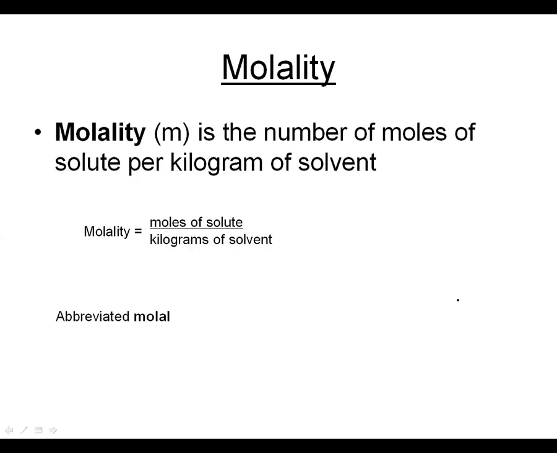Now, I think we talked about molality towards the end of one of those chapters. But just to make sure, molality is another unit of concentration for solutions. Molality is abbreviated with a small m. And that is the moles of solute over the kilograms of solvent.